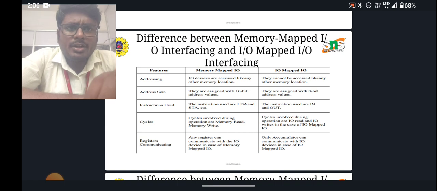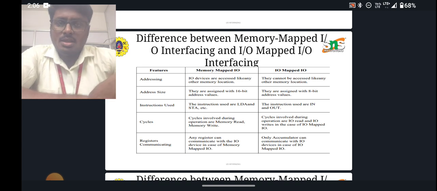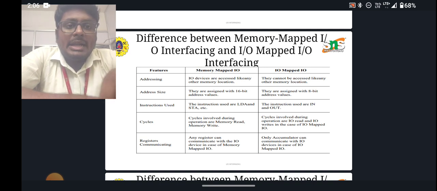The instructions used in memory mapped I/O are LDA, STA, etc. The instructions used in I/O mapped I/O are IN and OUT. The cycles involved during operation are memory read and memory write in memory mapped I/O, whereas in I/O mapped I/O the cycles are I/O read and I/O write.